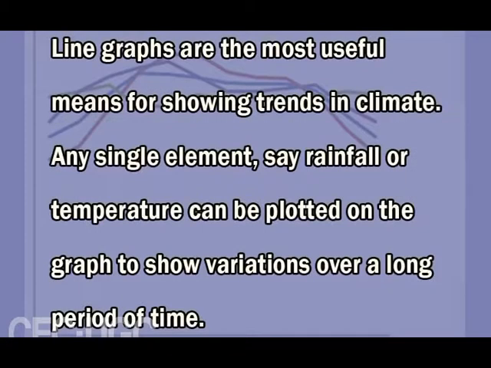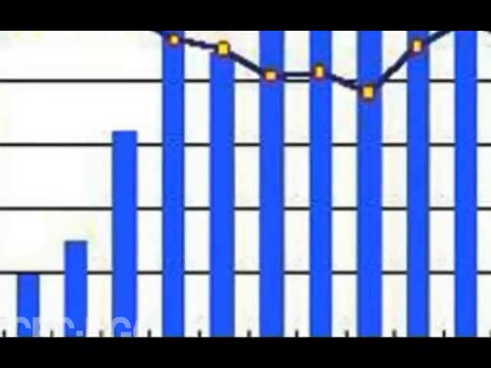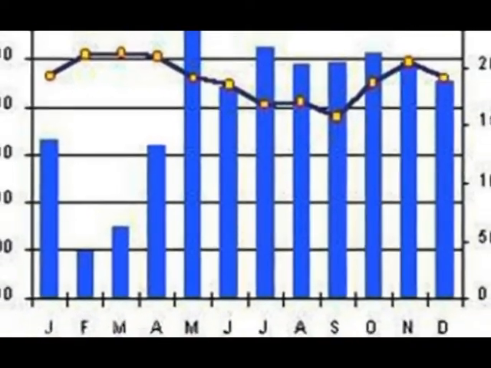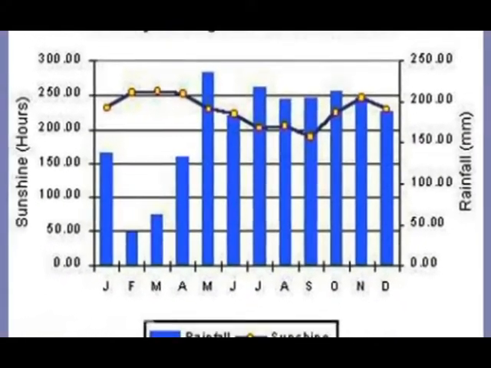Line graphs are the most useful means for showing trends in climate. Any single element, say rainfall or temperature, can be plotted on the graph to show variations over a long period of time. For example, we can show the variations in amounts of average annual rainfall in India over a period of 100 years by means of a trend curve.